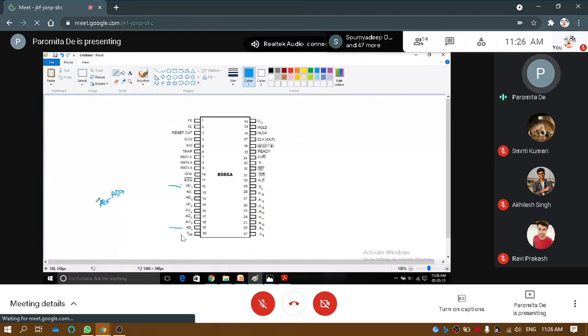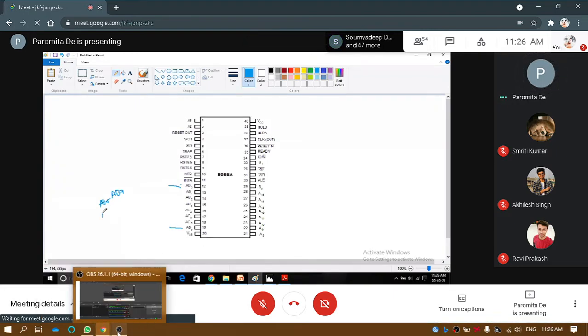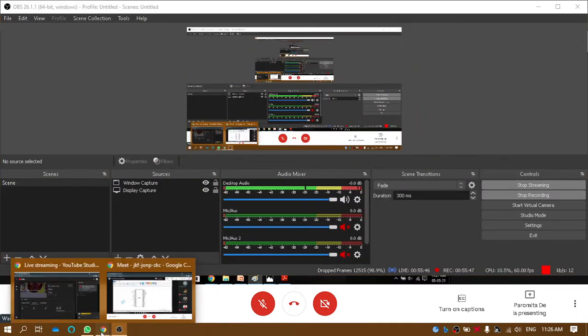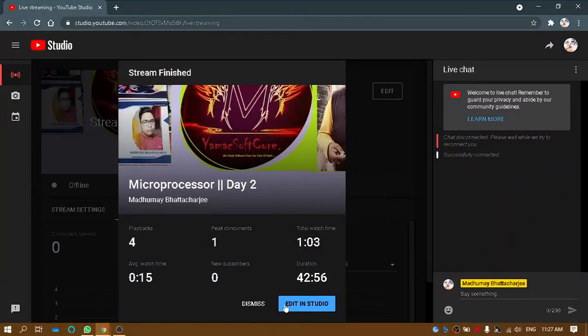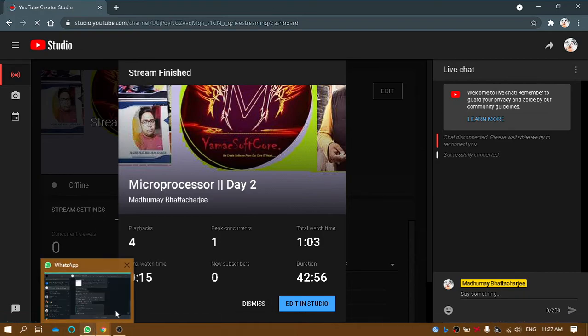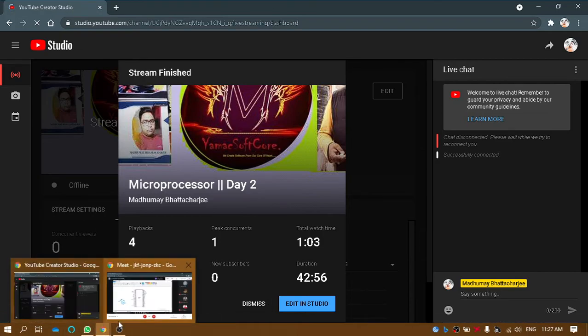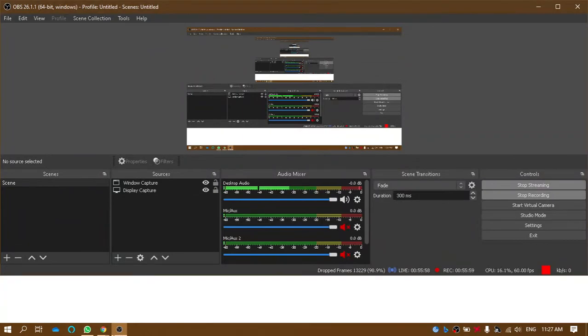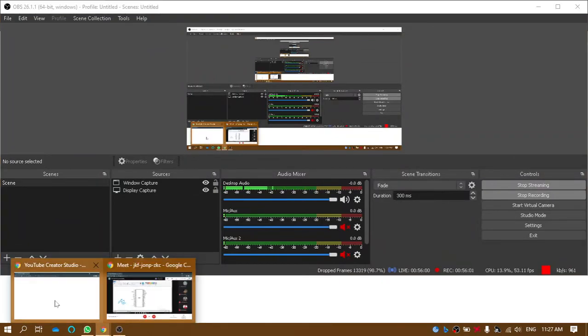Sometimes it acts as the address bus, and sometimes it acts as the data bus. This is the low order address bus, and it is multiplexed with the data bus.